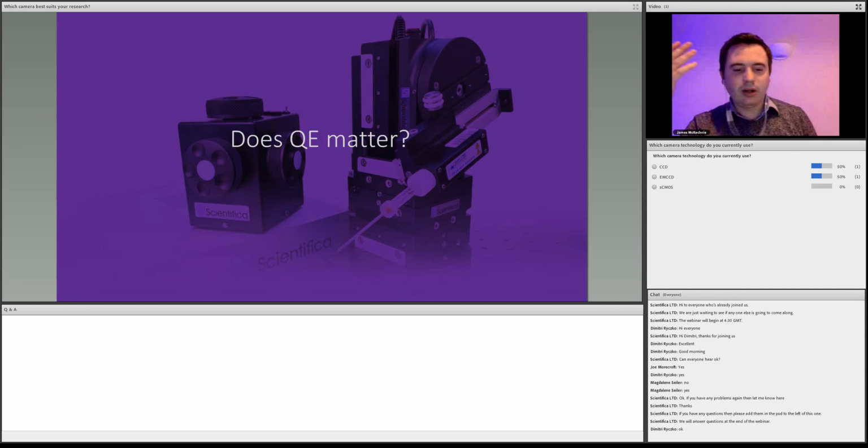Generally, to simulate that, if you were on 50 milliseconds exposure time with your lower QE camera, going up by 10% you'd get a 45 millisecond exposure time. If you actually compare the exposure times, it doesn't make a huge difference. Where it matters is if you're trying to collect every single photon. Hope that made sense. Please let me know if you want me to go through that again.